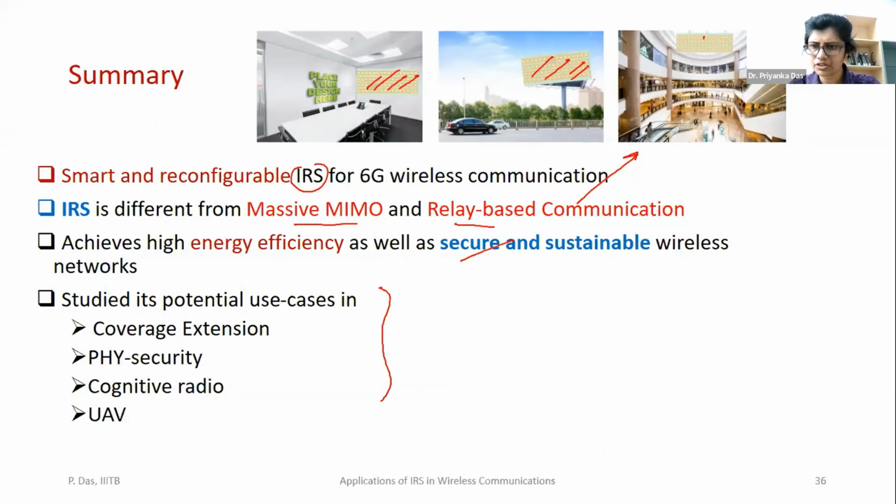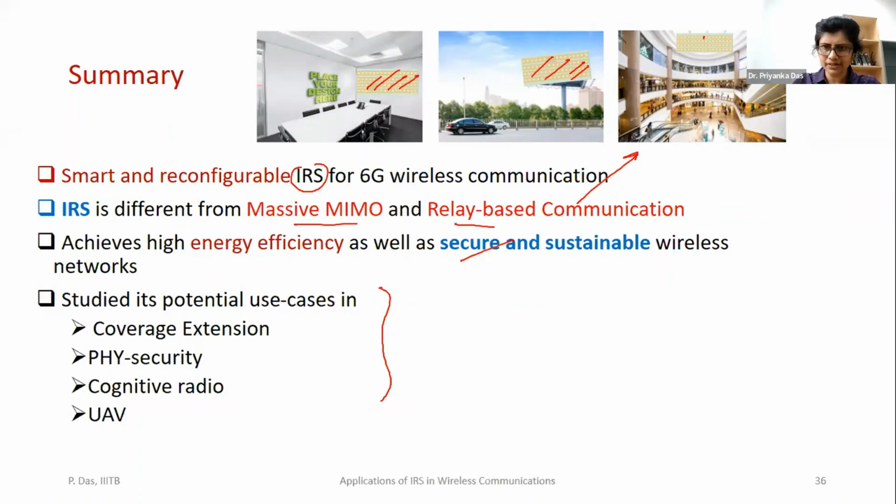Any further question? I think we are almost at time, 1:15. On point-to-point millimeter waves using IRS intended to reflect millimeter wave: as I told, it will be a very good application for millimeter wave, because there we have to really worry about coverage extension.